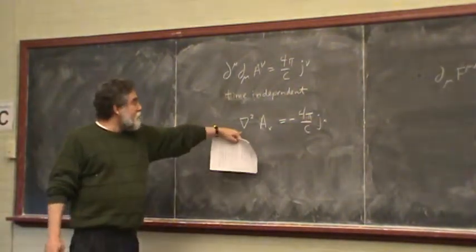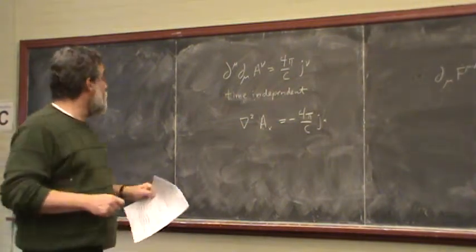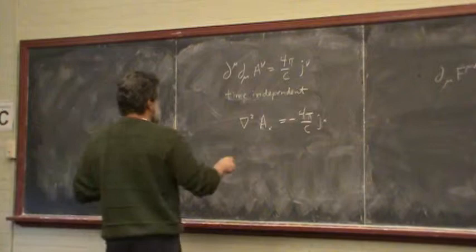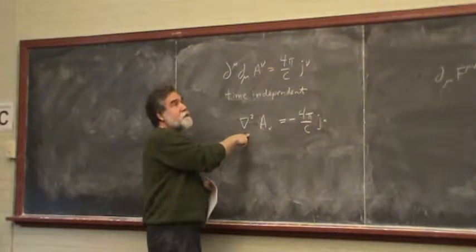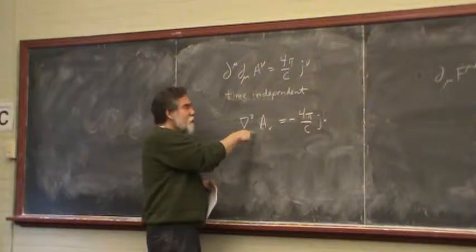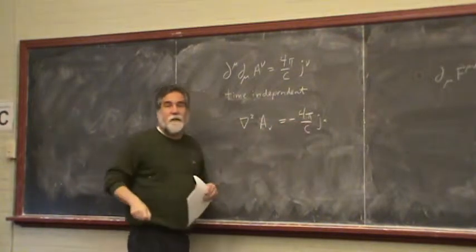Right. From this, since the vector potential x, the Laplacian of the vector potential component A x yields that, right?